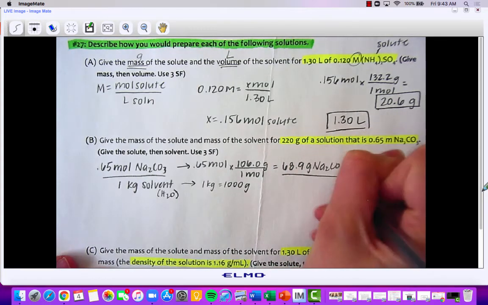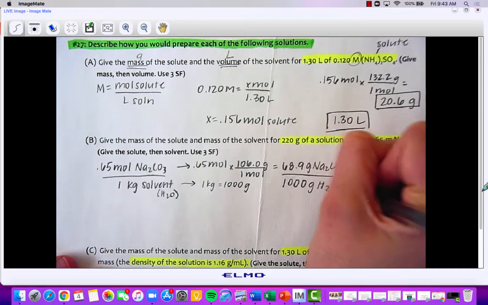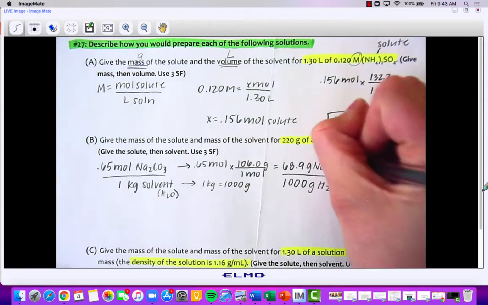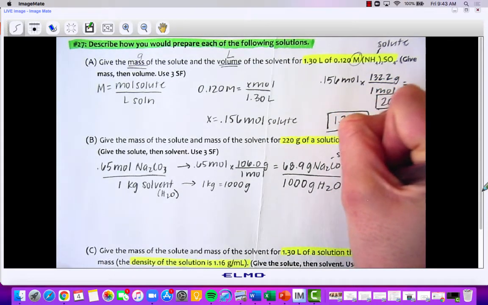So what this means is that I have 68.9 grams of Na2CO3 in 1,000 grams of water. I just took molality and I just converted to the same unit. Now it's not the same substance, but it's the same unit. So based on this now, here's my solute, here's my solvent.